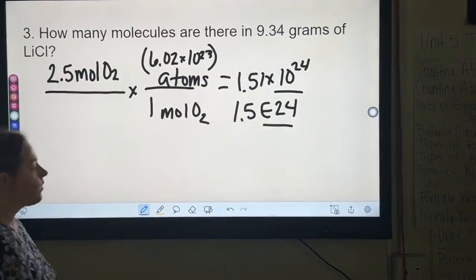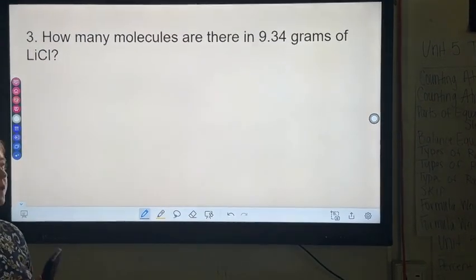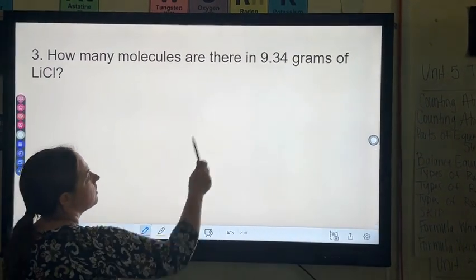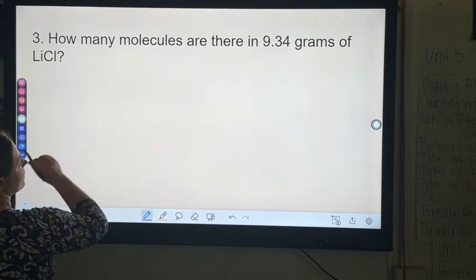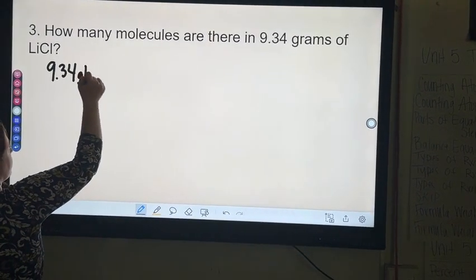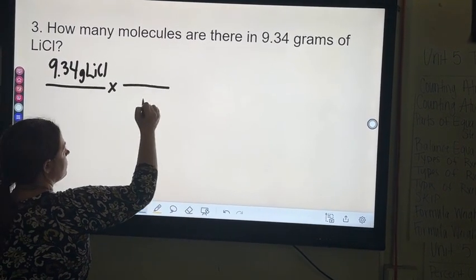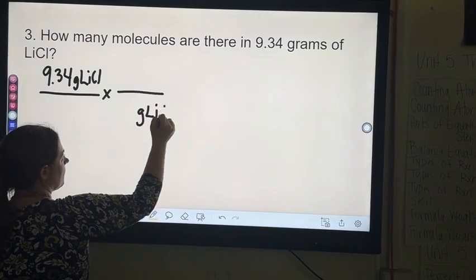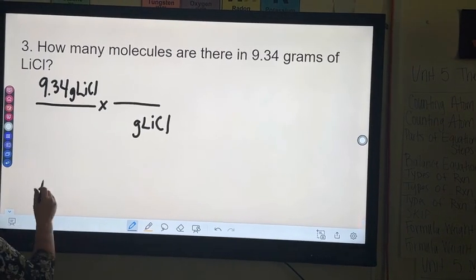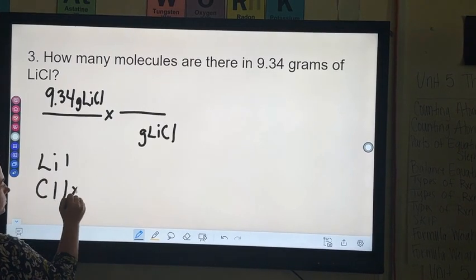Number 3. We're going to start to do 3 steps or 3 sets of railroad tracks here. We're going to go from grams to molecules. We're starting with 9.34 grams of lithium chloride. Now if you have grams at the top, you need grams at the bottom. We already used grams from the problem, so we have to go to our periodic table to get the formula weight. Li and Cl, there's 1 of each.